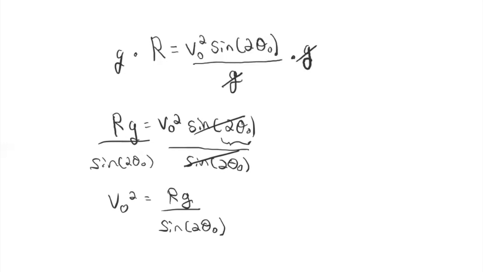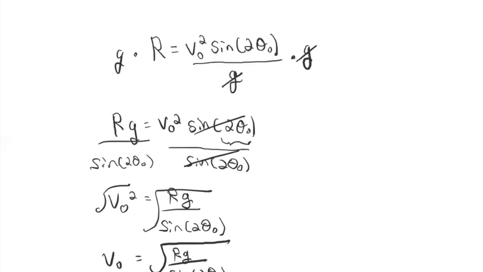Now I just have to get rid of that square on my initial velocity. So I take the square root of both sides. Then I have that v naught is equal to the square root of rg over sine of 2 theta naught. All of that stuff is underneath the square root sign.